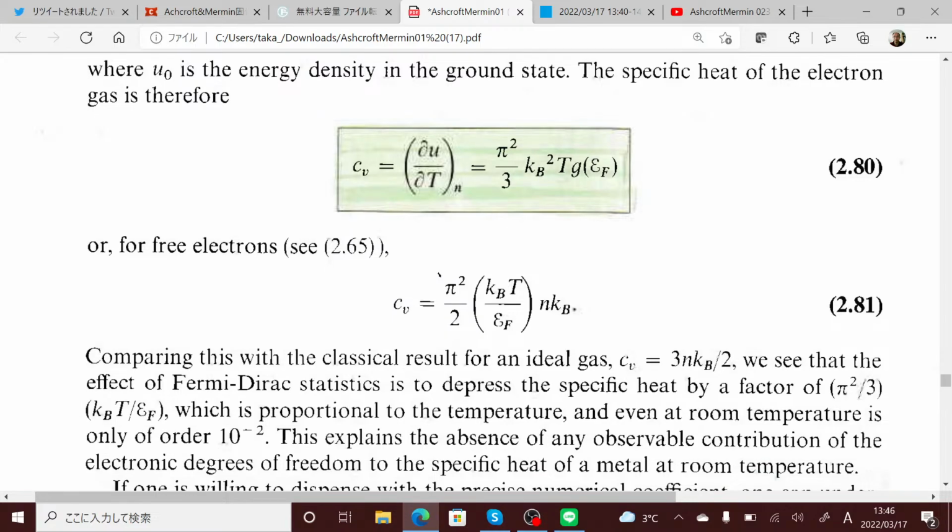We accept CV equal to pi squared over 2 kBT divided by epsilon F times n kB.